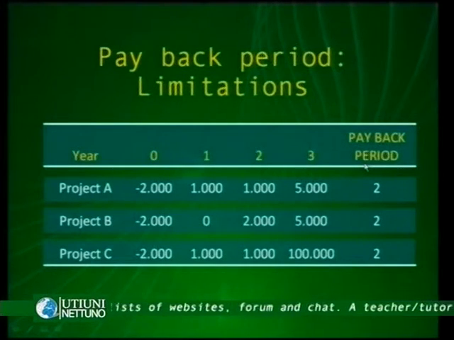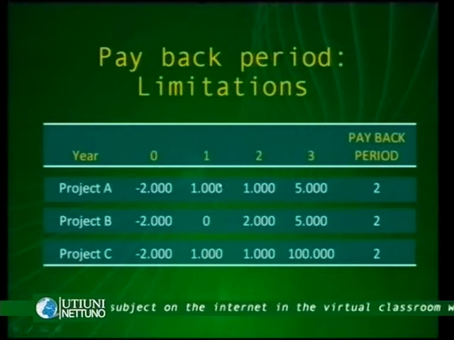We can easily find that all the 3 projects have a payback period of 2 years, because you can easily see that for the 3 projects, the initial investment is recovered at the end of year 2. Because here you have accumulated cash flow of year 2 of 2,000, 1,000 plus 1,000. So at year 2, the accumulated cash flow is equal to 0, and you have fully recovered the initial investment.